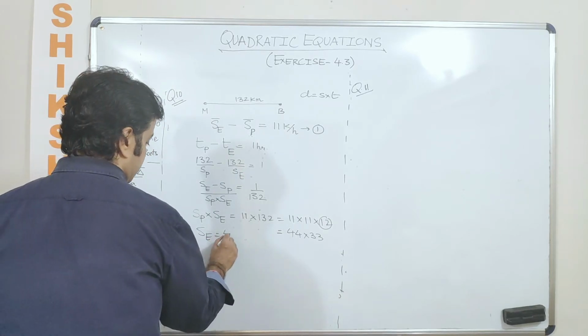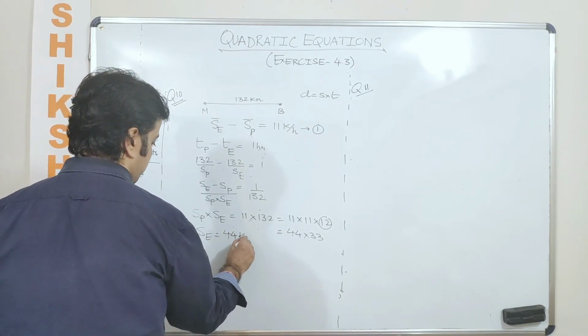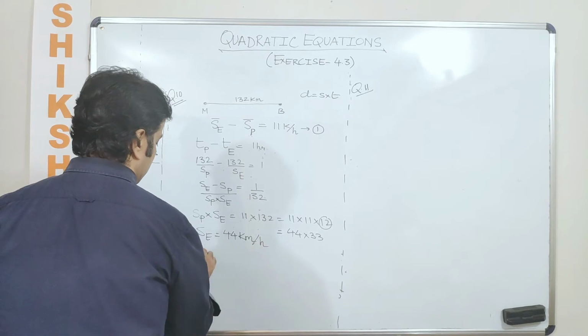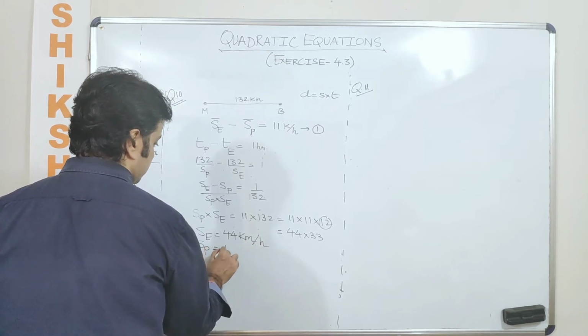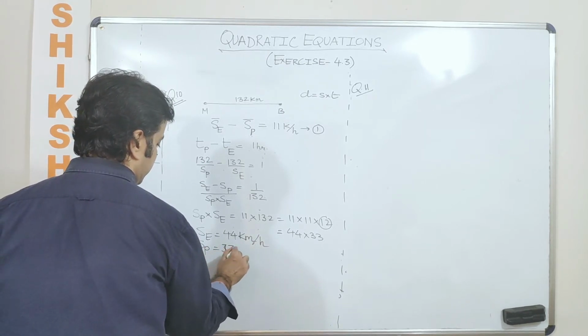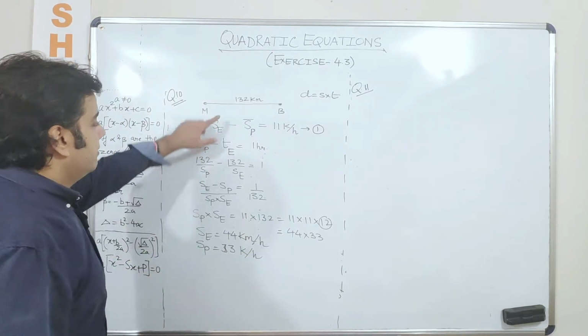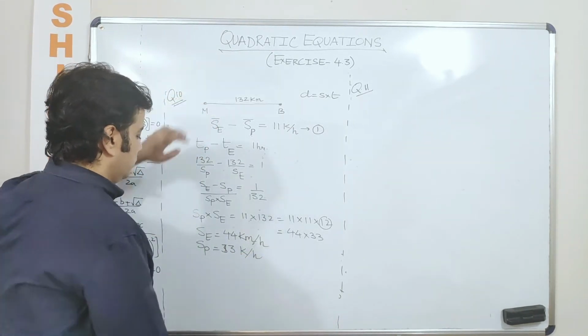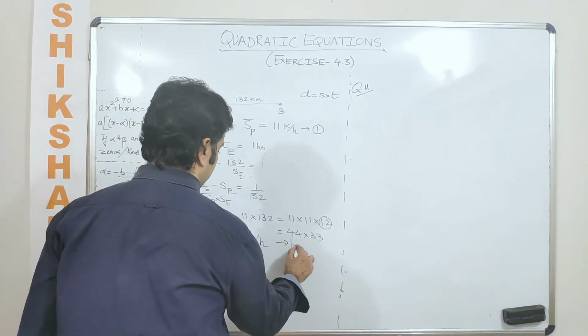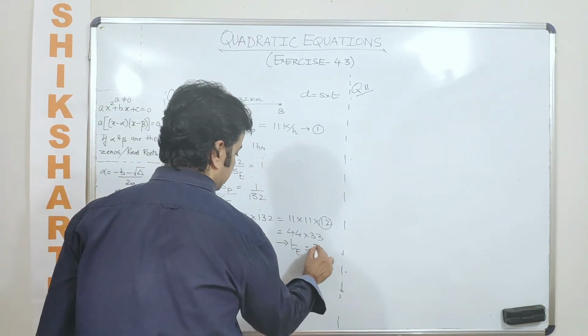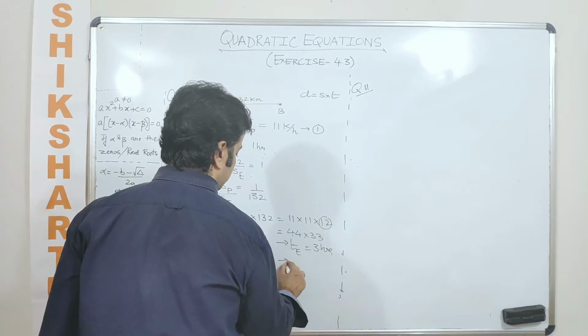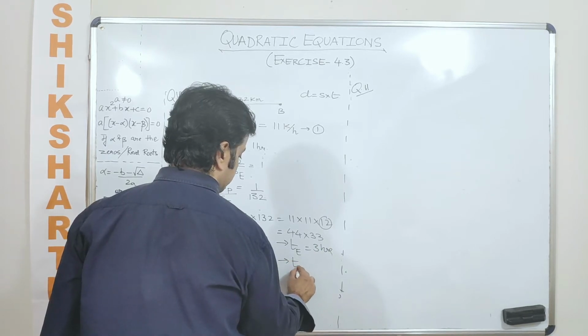So can I say the speed of the express train is how much? 44 km per hour. And the speed of the passenger train is how much? 33 km per hour. And now if it has to travel a distance of 132 kilometers, how much time will it take? This will take 3 hours. And how much time will this take?